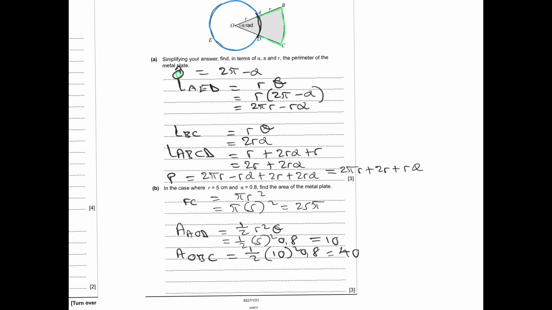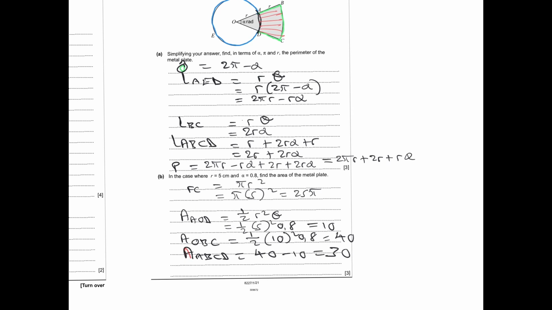So now the area that we need to find is this that I'm actually shading in red. I'll say it's area of ABCD. It's going to be 40 minus 10, which gives me 30. So that 30, I'm going to add it to the full circle. So the area of the plate, at the end, is going to be 25 pi plus 30.